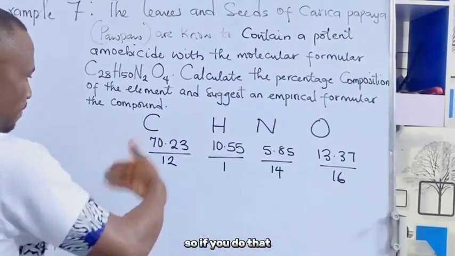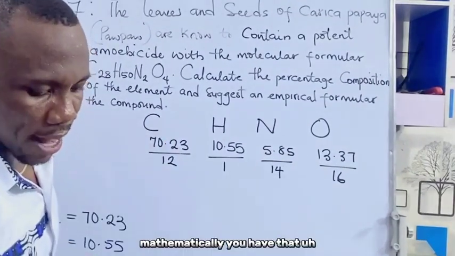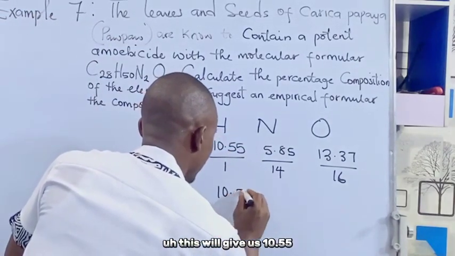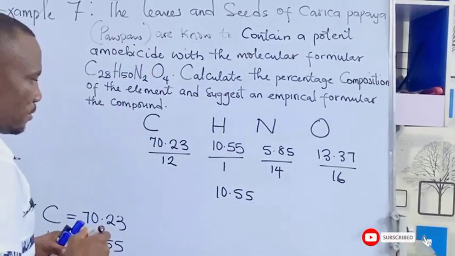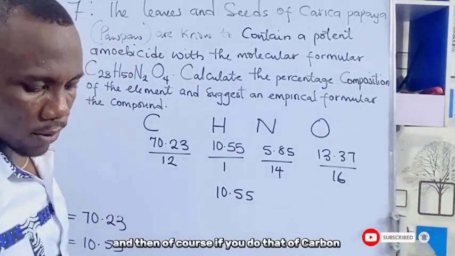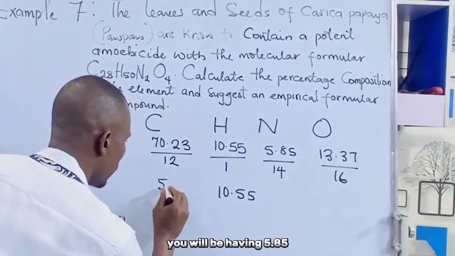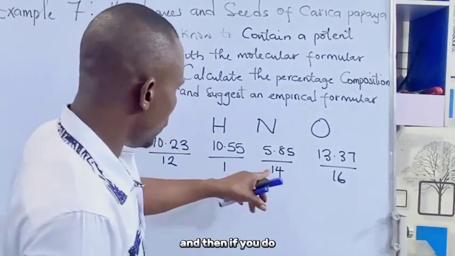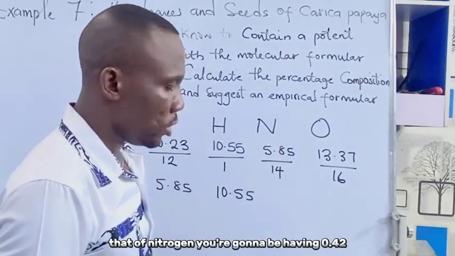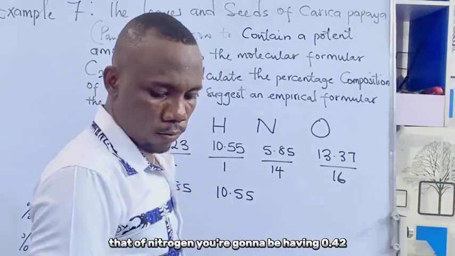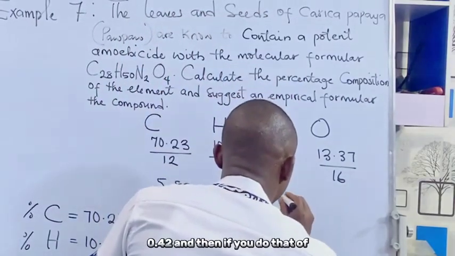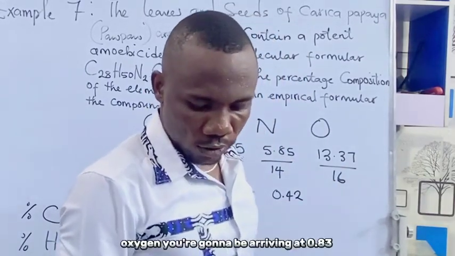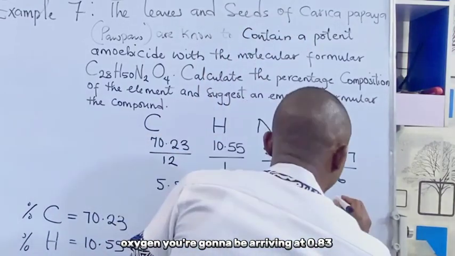If you do that mathematically, carbon will give us 5.85, hydrogen 10.55, nitrogen 0.42, and oxygen 0.83.